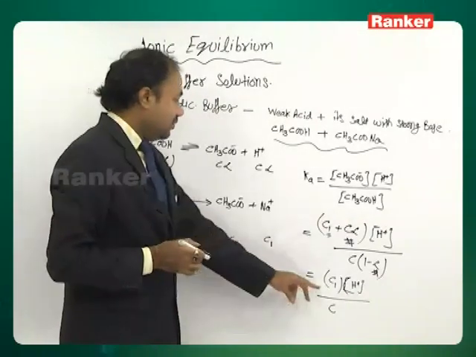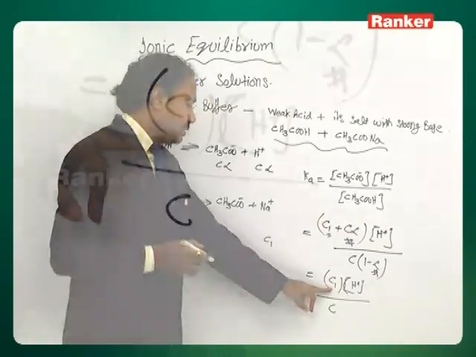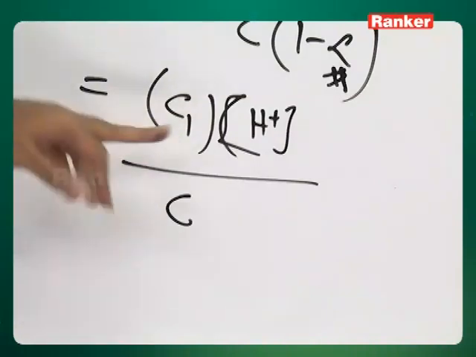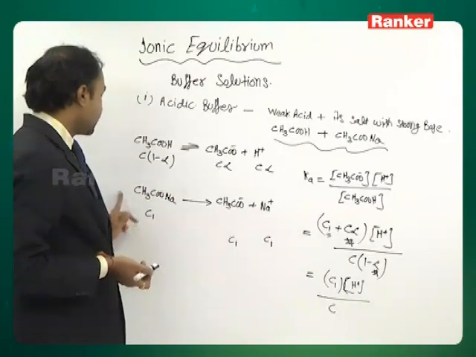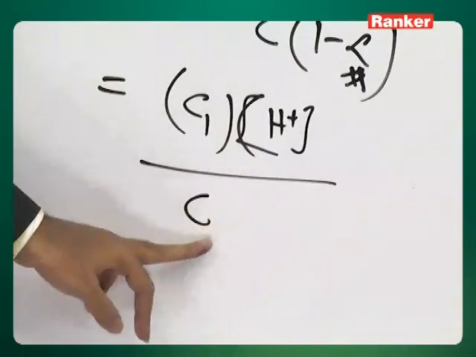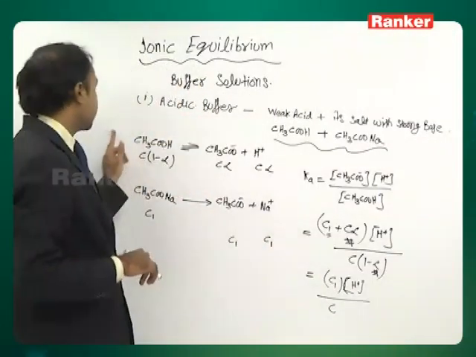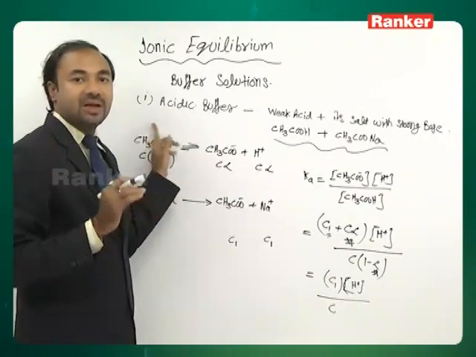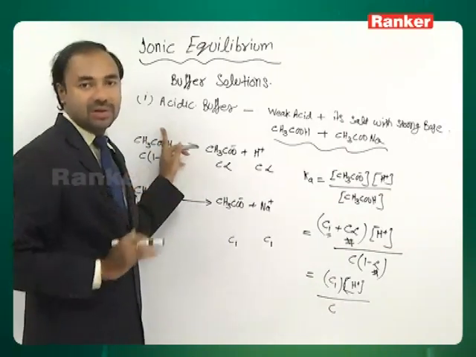Now, we check the symbols which we have used. C1 is nothing but the concentration of the salt which was originally taken. Similarly, C here is nothing but the concentration of the acetic acid which was taken initially before the dissociation.